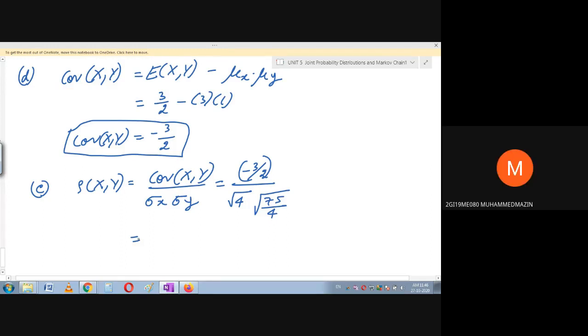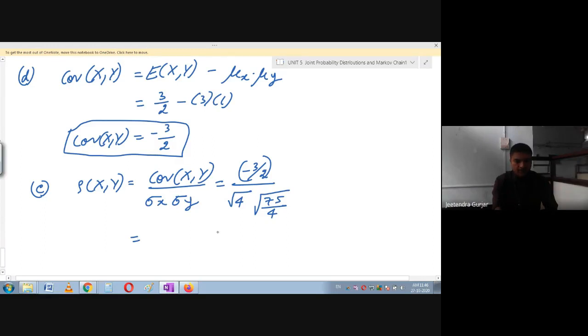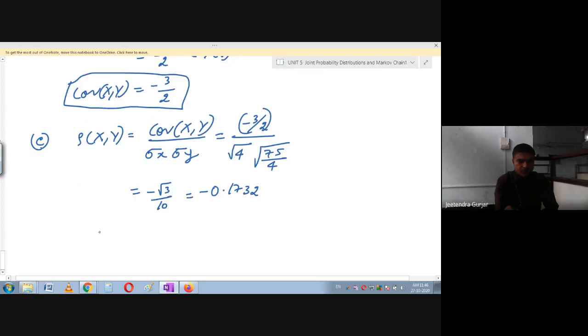Minus root 3 by 10. Yes, it is minus root 3 by 10, or if we just simplify this, you must get this as what? Minus 0.173. Yes, very good. So answer is correct. That is minus 0.1732. So like this, we are going to simplify this as rho of xy or correlation of xy.